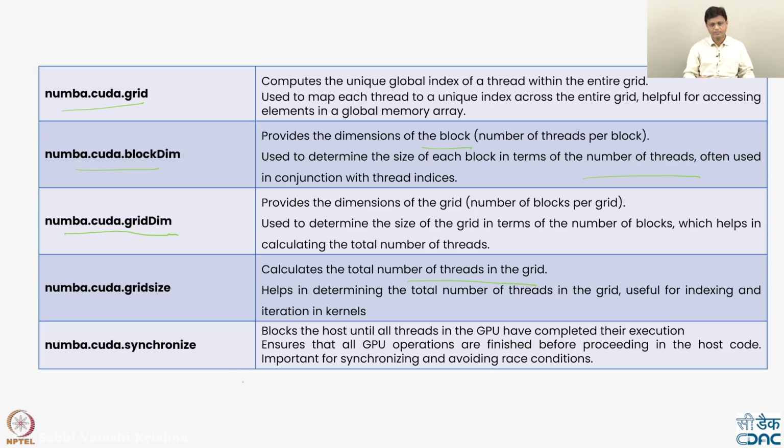It ensures that all the GPU operations are finished before proceeding in the host code, so it is important for synchronizing and avoiding race conditions. Likewise, you can refer to various online resources and study more of the functionality provided by Numba to develop your programs.